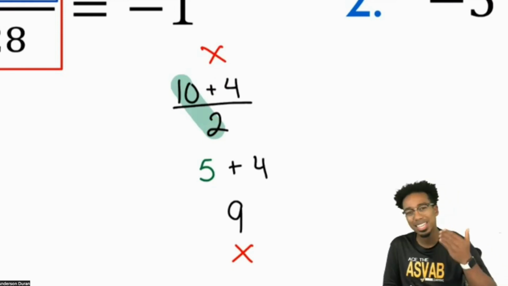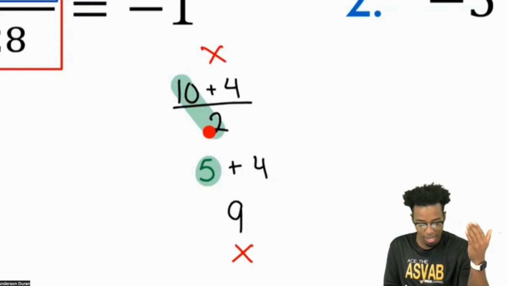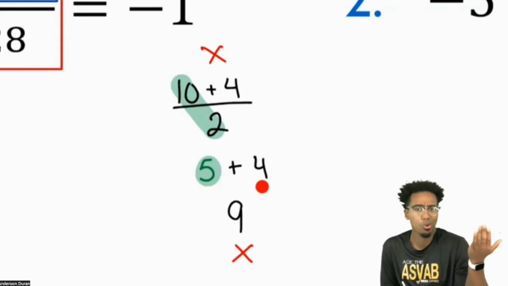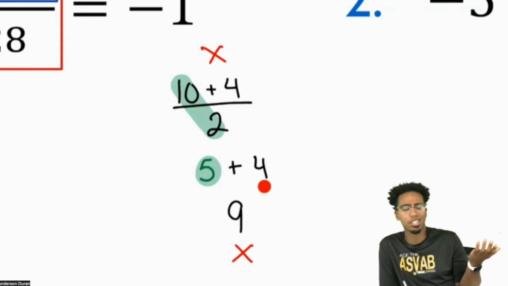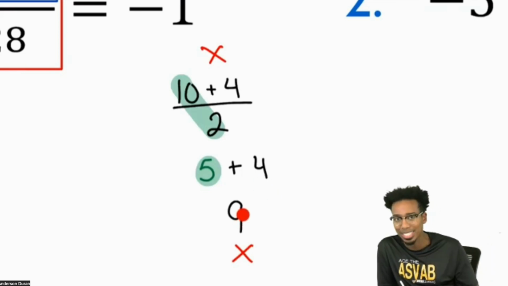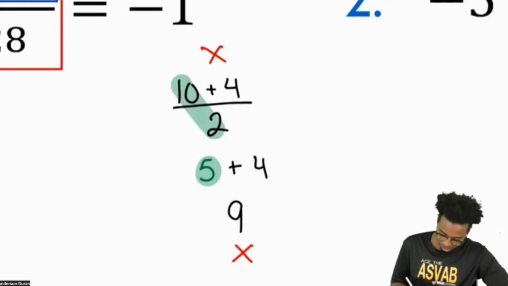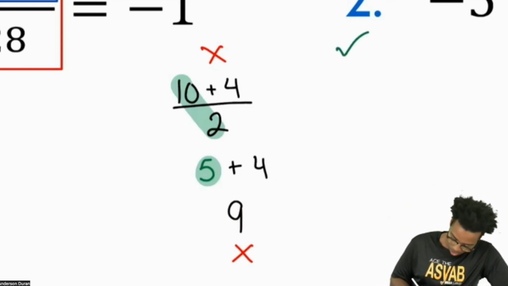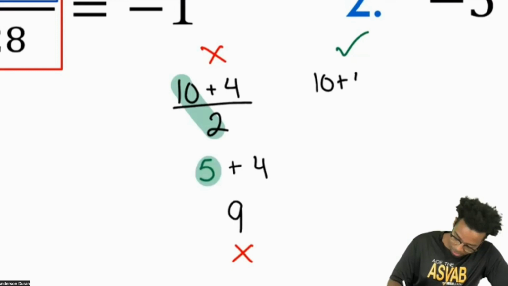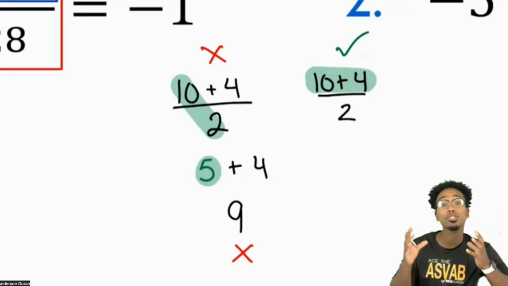But look at the mistake that we just made. The mistake was I only divided the 10 by 2, and then I ignored the 4. I ignored it like the 4 wasn't getting divided by anything. And if you do that, you get 9, and that is incorrect. The correct way looks like this. If I draw the exact same thing, 10 plus 4 over 2, the correct way is to say the entire numerator is a group.